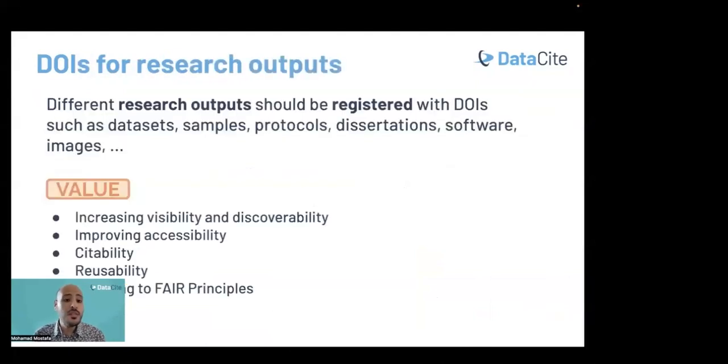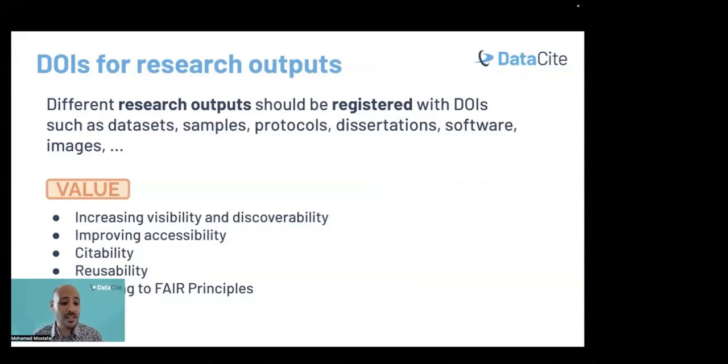So why should we use DOIs for that wide range of research outputs, and why should we register them with DOIs? First of all, using digital object identifiers for these outputs can really increase the visibility and the discoverability. It will also improve the accessibility and the ability to get citations.